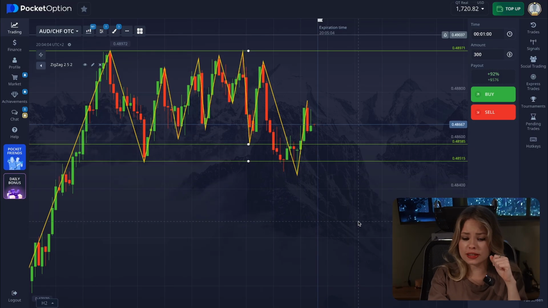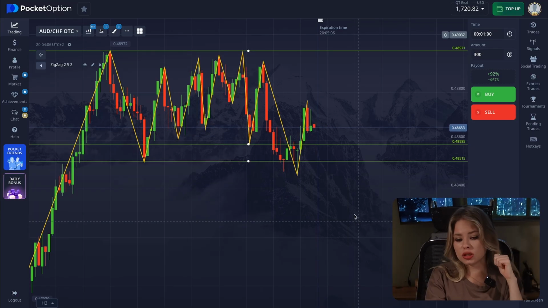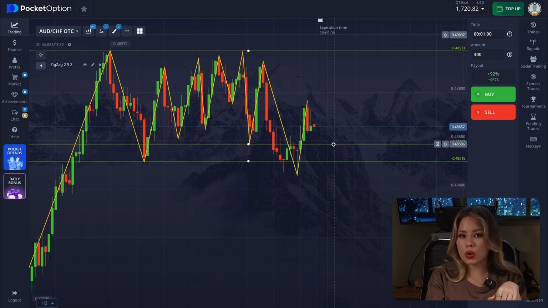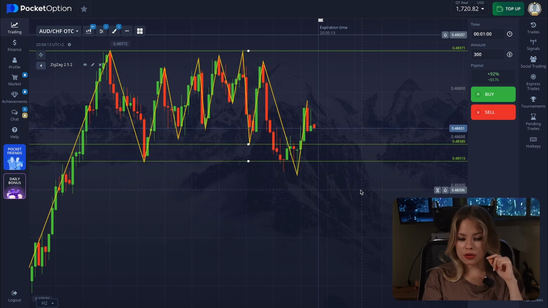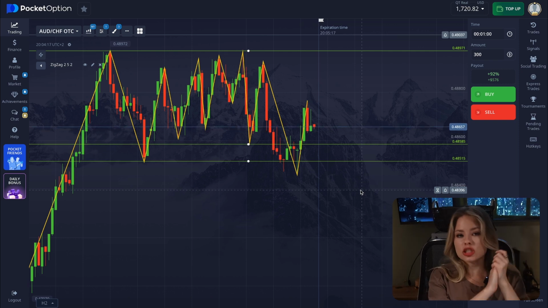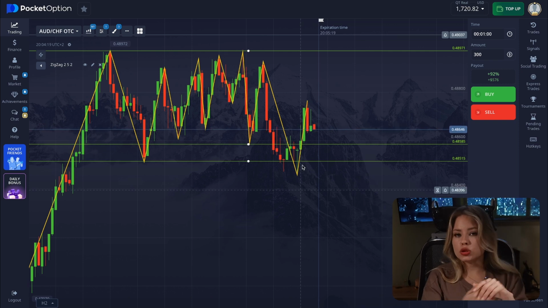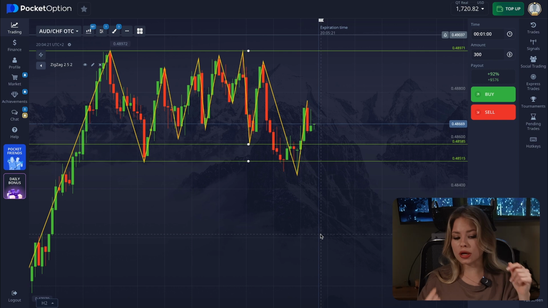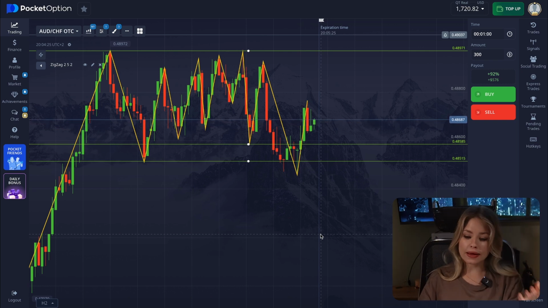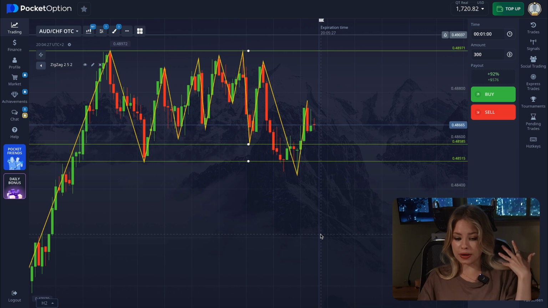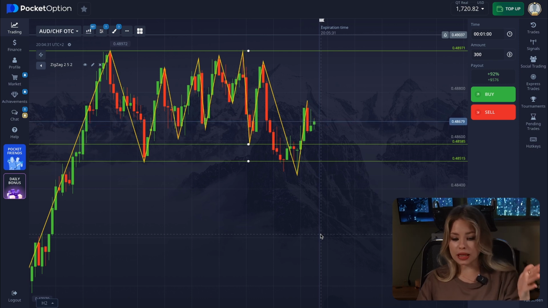Okay guys, you just saw that I entered the position when ZigZag drew a new uptrend, a new line in the up direction. So it was like an additional argument for why I should enter a position, but basically I was trading off key levels like always, it's my basic strategy to trade from key levels.